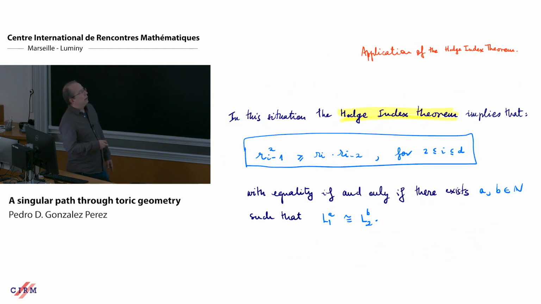And now, in this situation of toric varieties, we had a very good theory of intersection of divisors. Divisors coming from polytopes, and we have an inequality for the mixed degrees, which comes from application of the Hodge index theorem in this situation.